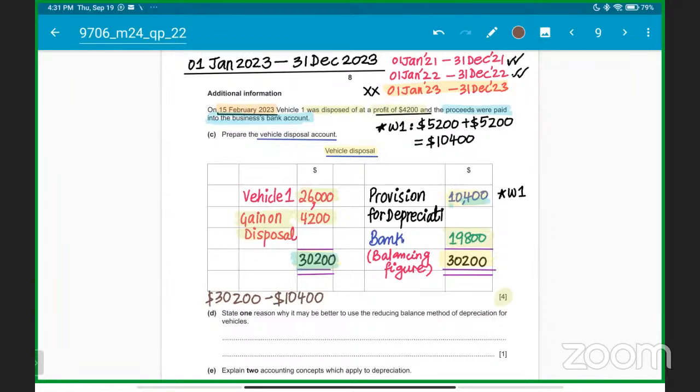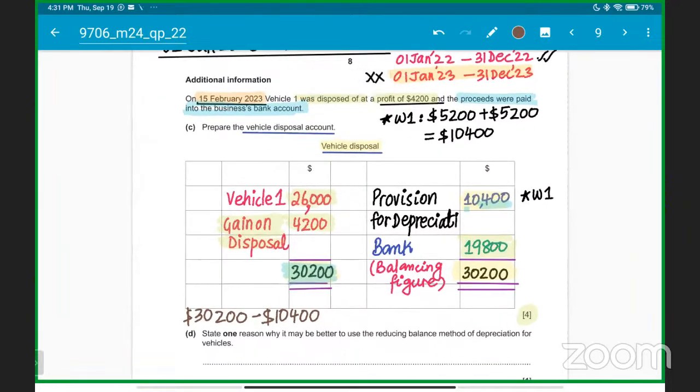Yes, sir. Any other questions, sir, will we write balance carried down? No, there is nothing in the disposal account. Disposal account is a temporary account, so there are no balance brought down or balance carried down. Disposal account only comes in when we are disposing of an asset, when we are finishing off an asset. So everything will happen on 15th February 2023, that is the disposal date.